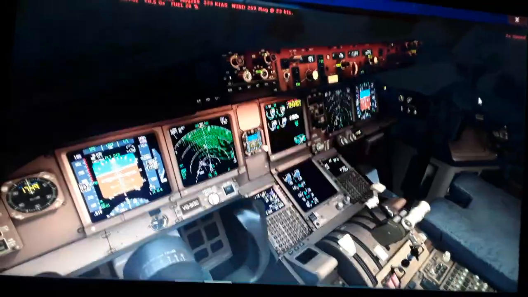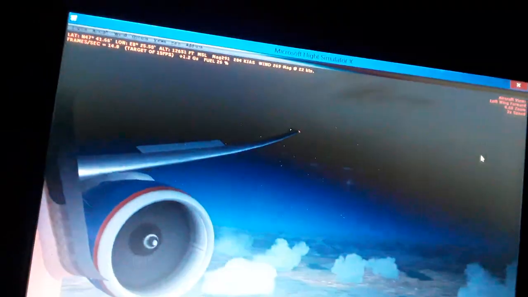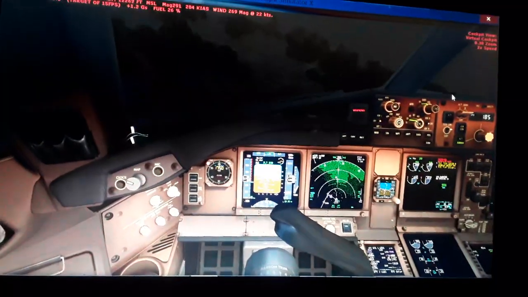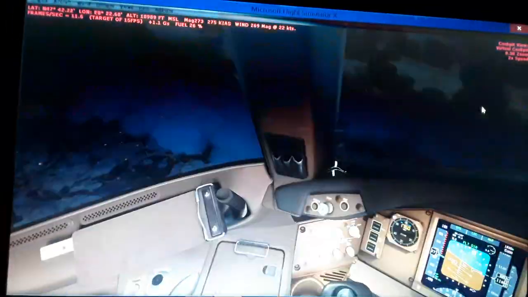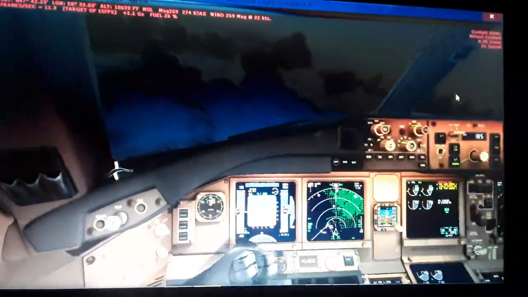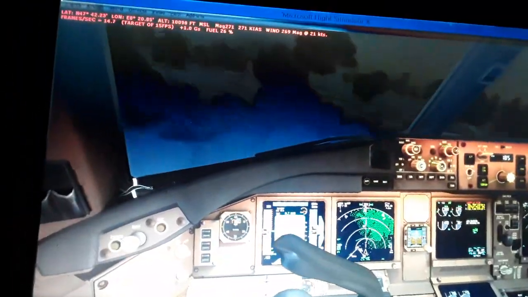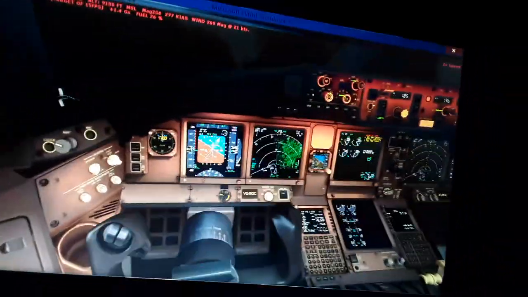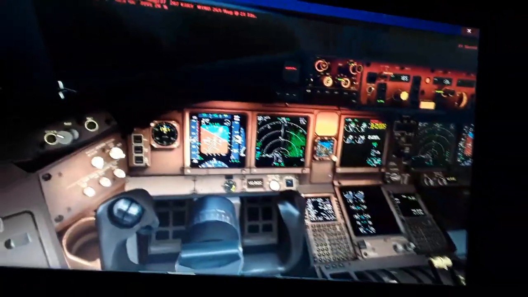Keep descending, idle thrust. Now we need to start descent and approach. Also the flaps over here, extend.